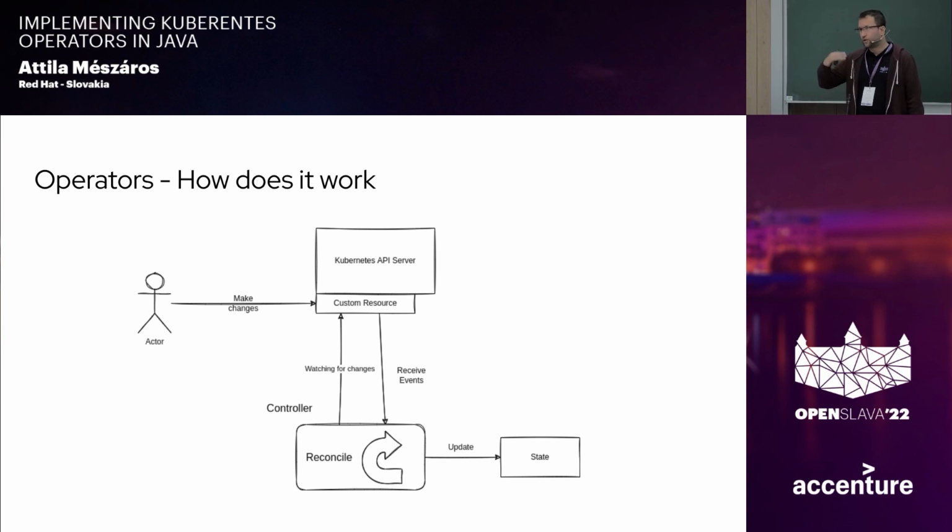The controller connects to the API server, and from that point the API server sends events over the WebSocket. The payload of an event is a whole resource, so you don't receive the modifications or things like that. It's a level-based approach. The controller then does its logic, which we will implement, and updates the state on the cluster or outside the Kubernetes cluster.